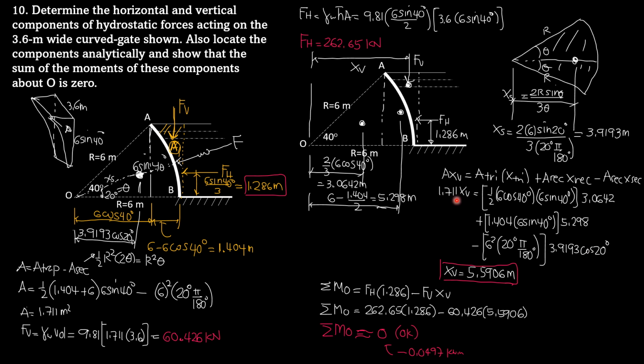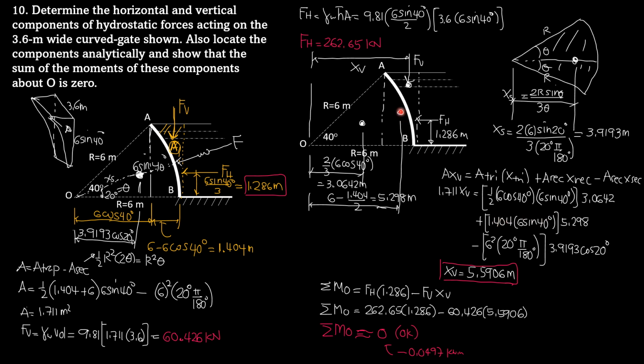So area 1.711 times XV. The area of this triangle is 1/2 base, which is 6 cosine 40, times height, which is 6 sine 40. So that's the area of the triangle, and the distance of the centroid of the triangle from O is 3.0642 meters, x of triangle. Then plus the area of the rectangle, 1.404 times height 6 sine of 40. That's the area of the rectangle.